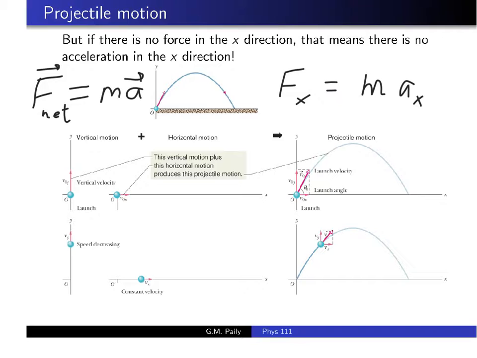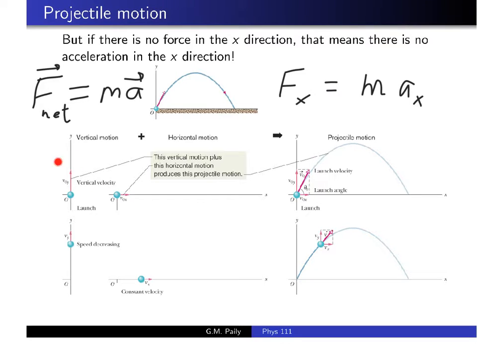So now, what happens as our projectile moves? As we have just said, there is no acceleration in the x direction, so the x component of the velocity stays constant. So that stays unchanged. However, there is an acceleration in the y direction, and it is pointing in the negative y direction. And so the velocity in the y direction starts to change.